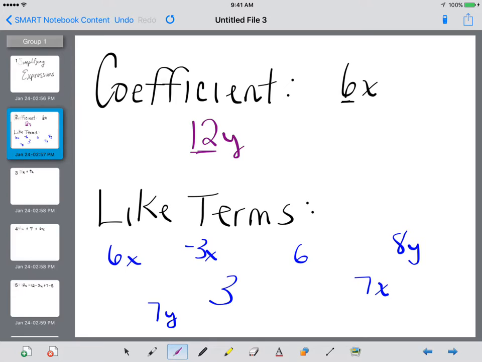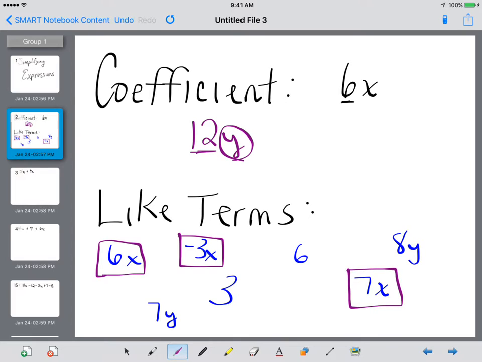Now, like terms aren't necessarily like numbers. They're terms that have the same variable involved. So, for example, if I look through all the terms I have written in blue here, my like terms would be all the terms that have an x with it. So 6x and negative 3x and 7x. Those would be my like terms. Those are x's.